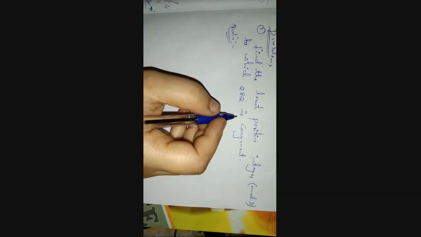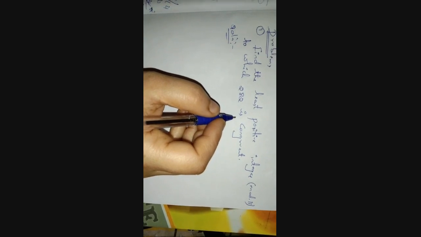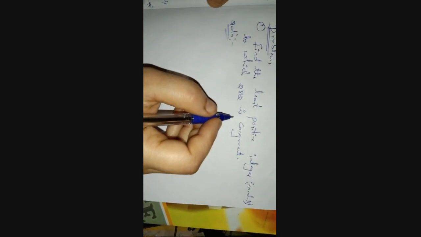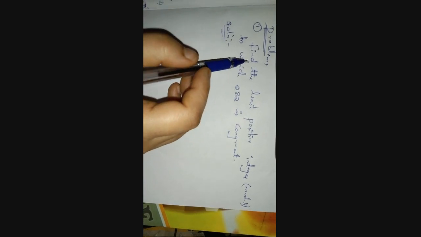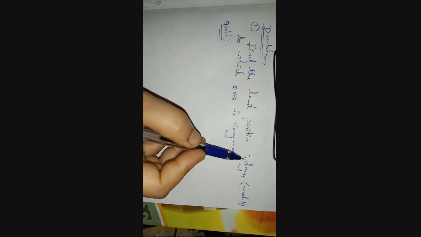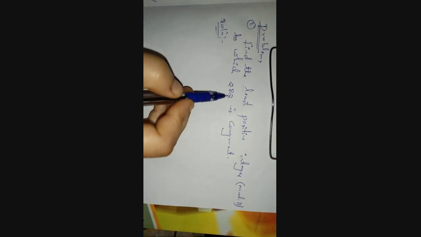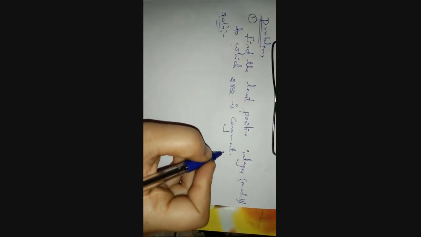So I'll just write down what they have given over here. What they are asking is to find the least positive integer mod 11 to which 282 is congruent. The meaning is, 282 is congruent to which number mod 11.